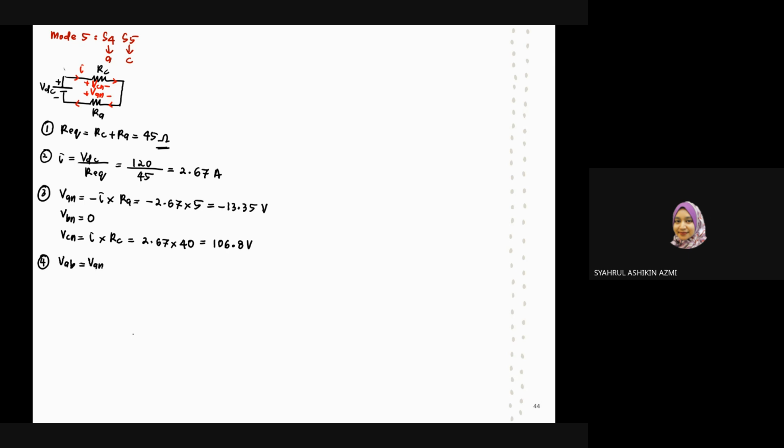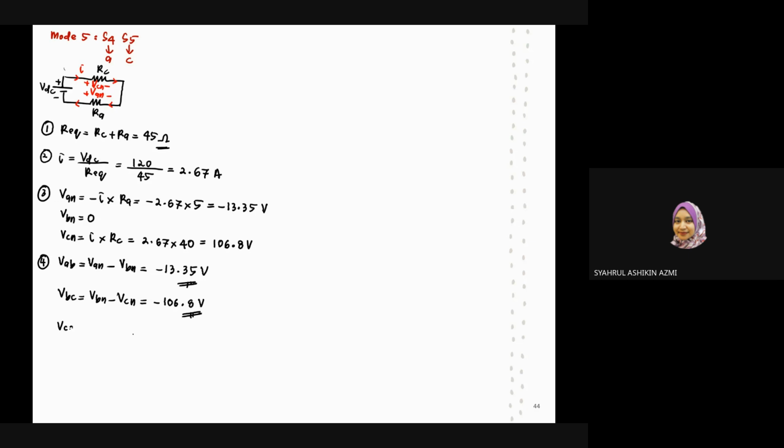Next we need to find our line to line voltage. VAN minus VBN. Our VAN is negative 13.35 minus VBN, so you get negative 13.35, because your VBN equals 0. VBC is VBN minus VCN. Our VBN is 0 minus VCN, so negative 106.8 volt.